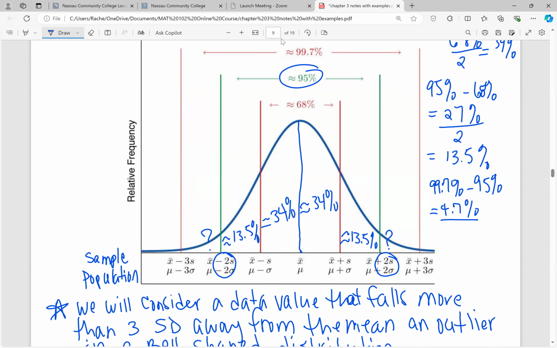And we're going to divide that 4.7 in half because that's what each one of these little areas with the question mark is going to be equal to. So 4.7% divided by 2 is going to be equal to 2.35%. So these little areas are going to be about 2.35%.